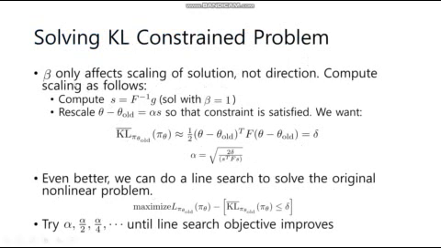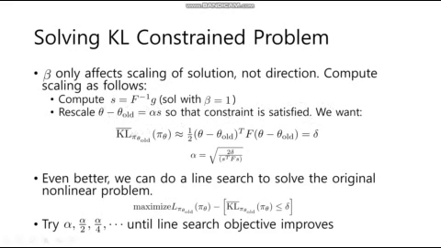Now, beta only affects the scaling of the solution, but not the direction. We computed S equals F inverse G when beta was 1. We're going to rescale theta minus theta old as alpha S so that the constraint is satisfied.